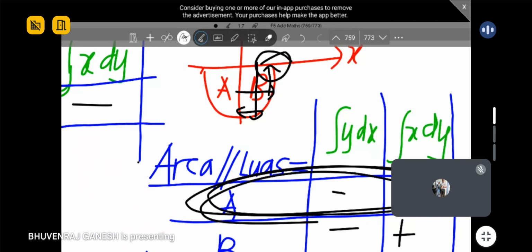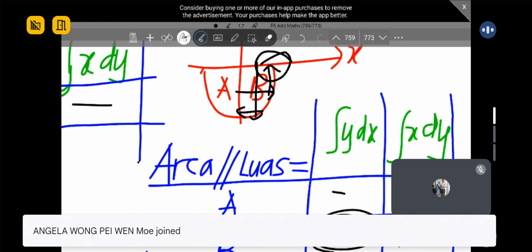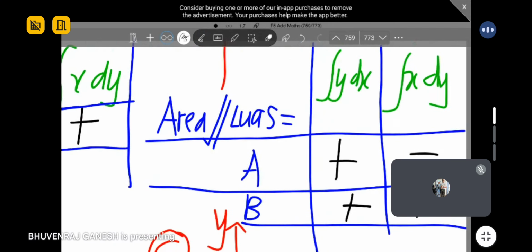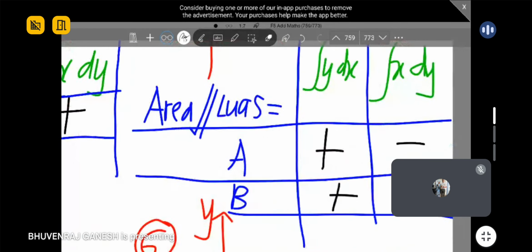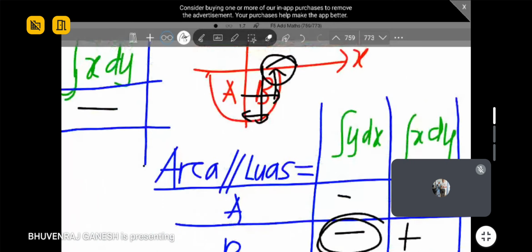So, kat akhir kena modulus juga to get a positive value. Alright? So, even for B, you still need to use modulus. Kena guna modulus because got negative value. Just like how I explained for this one. Exactly same concept. If you have negative, kena modulus. Although one symbol only. Okay?